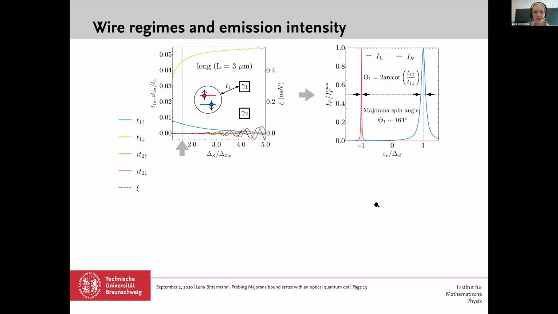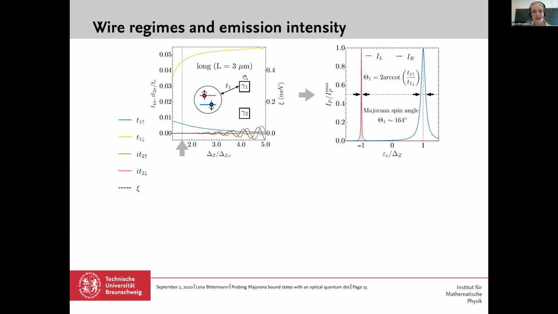And what we can see now is that if we take a long wire, here you can see the down component of the coupling to the first Majorana and the up component. So the down component is much larger, and for small magnetic fields, you see that the splitting and also the coupling to the second Majorana are almost 0.